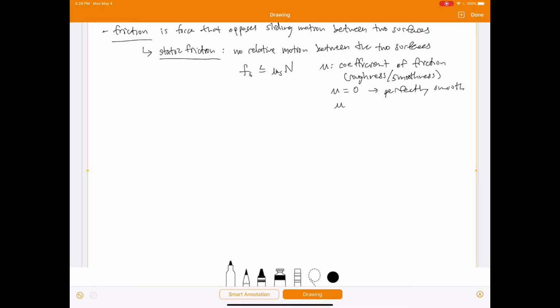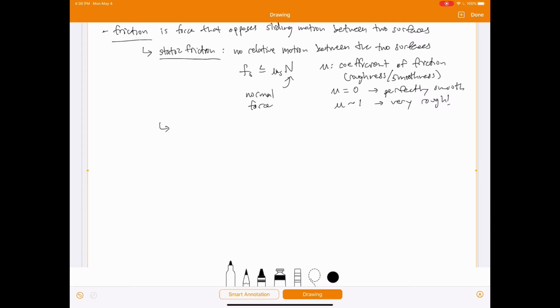And then bigger values of mu, like close to 1, let's say, are very rough. Okay? So that's what that coefficient of friction is telling you. Now, N is just the normal force. So apparently it's not just how rough or smooth the surfaces are that matters, it's also the normal force, which is telling you how hard the two surfaces are being pressed together. So all of this comes into play when it comes to friction.